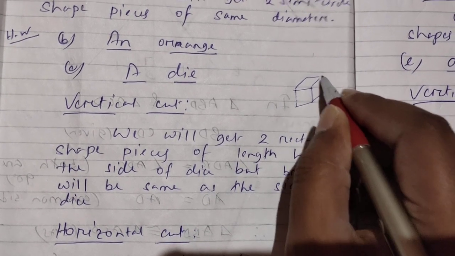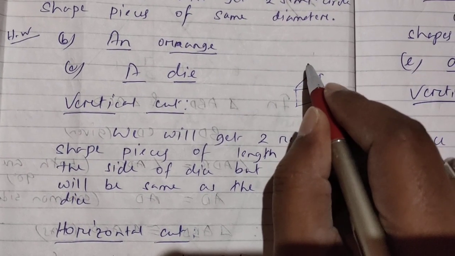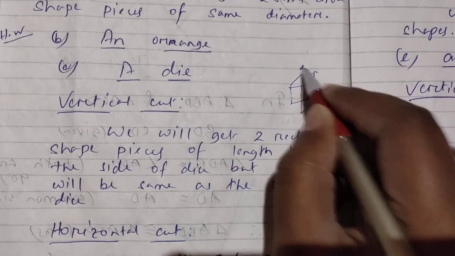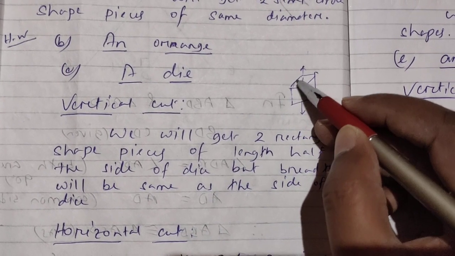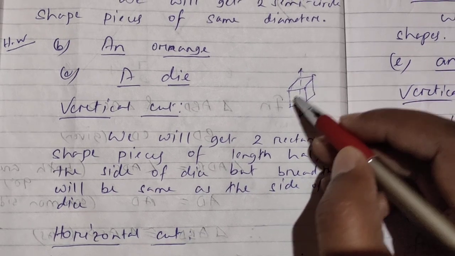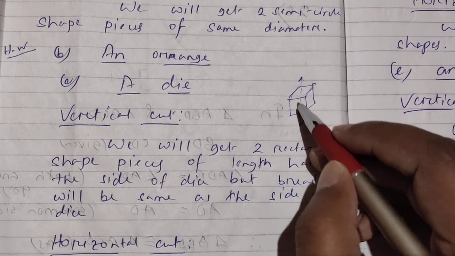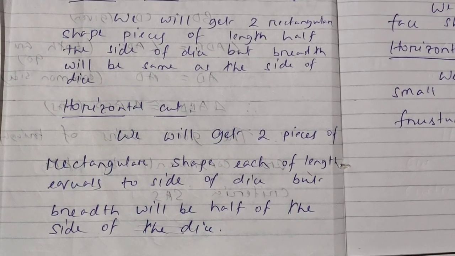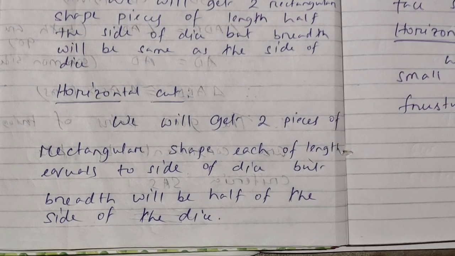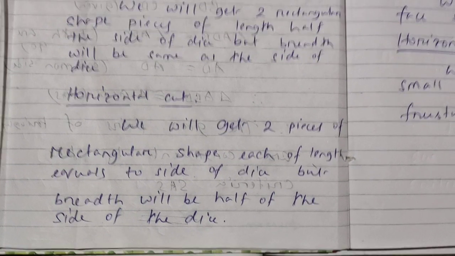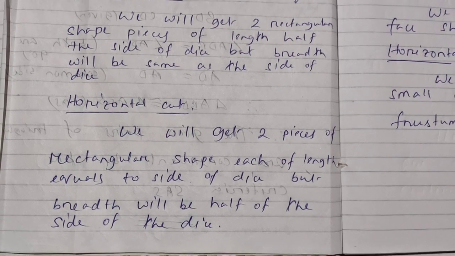When you cut like this vertically, this breadth remains the same, but this part will be half. With a horizontal cut we will get two rectangular pieces, each of length equal to the side of the dice, but the breadth will be half the side of the dice. In this case, the breadth will be half.